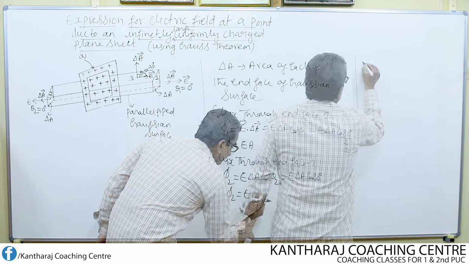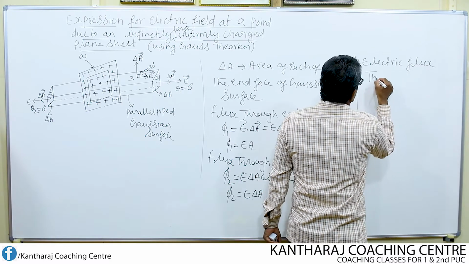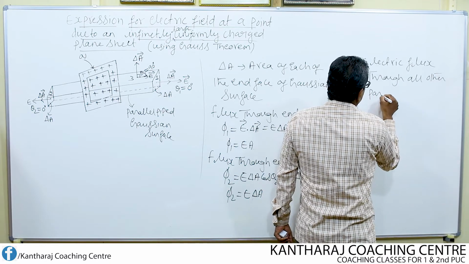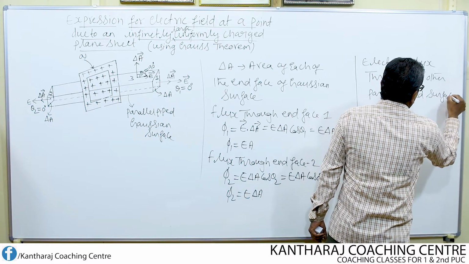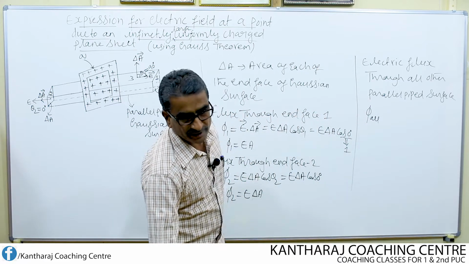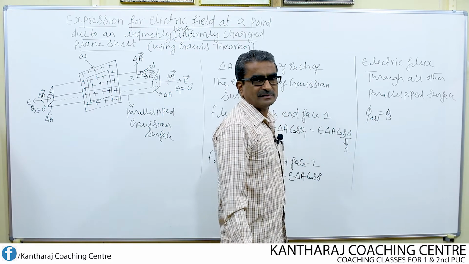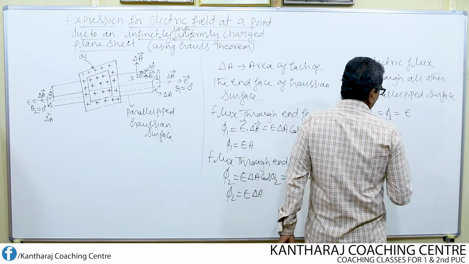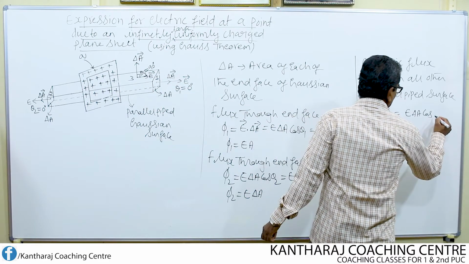Electric flux through all other parallelepiped surface, I write this as phi all, or else I can also write this as phi 3. So this is equal to E delta A into cos theta 3.